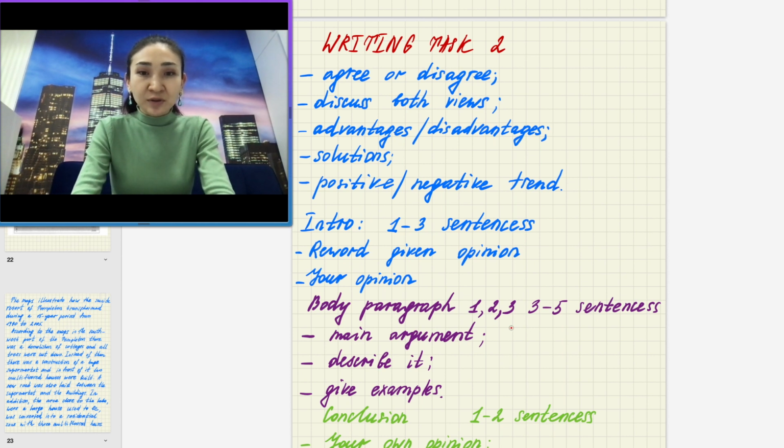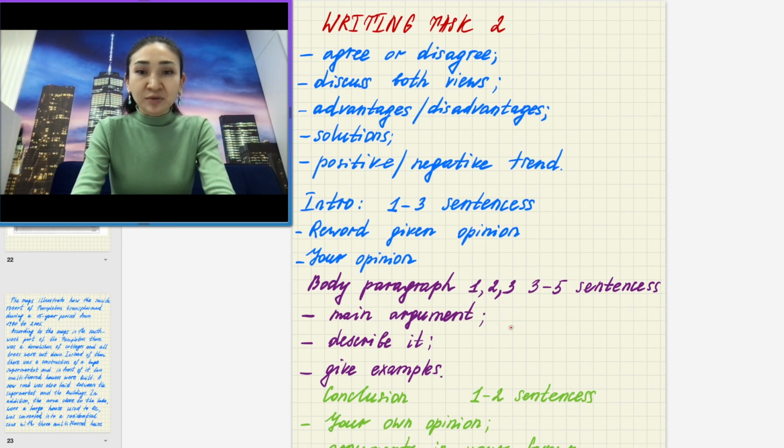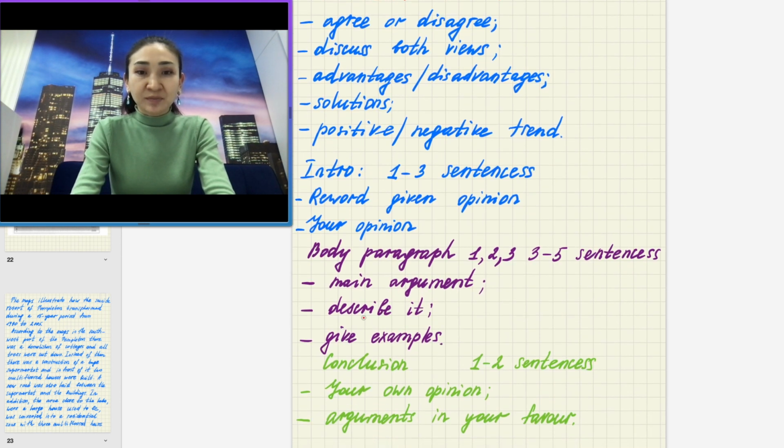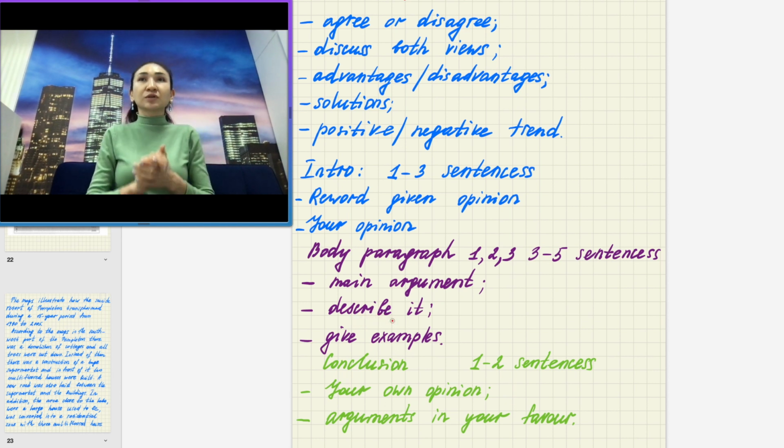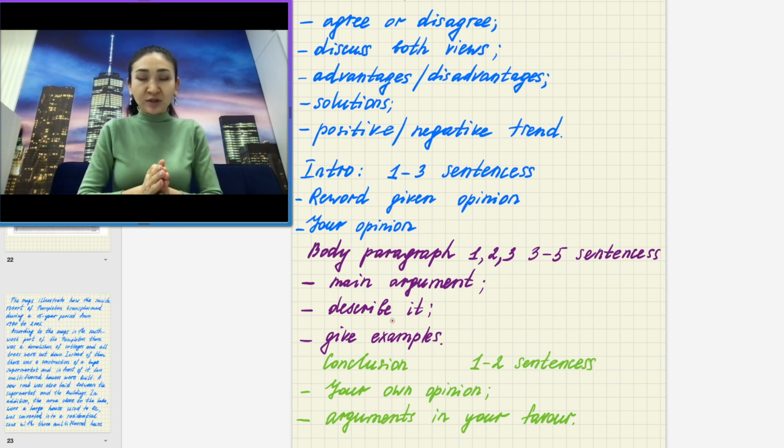So in body paragraph 1, you're gonna write the main argument. And what exactly you're gonna do with that main argument, you're gonna describe it, and you have to use a lot of synonyms. You have to be sure that you are describing in the right way, using the right words in order to write particular statements in your task related to your argument.